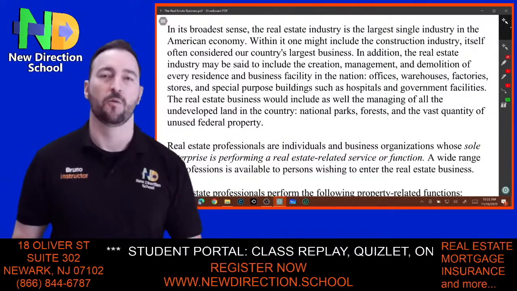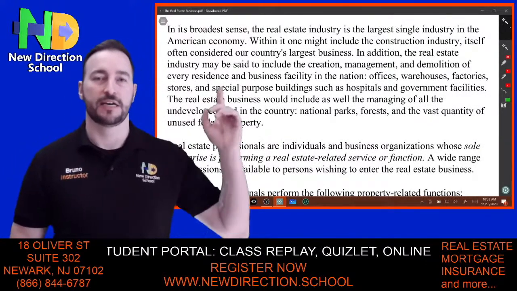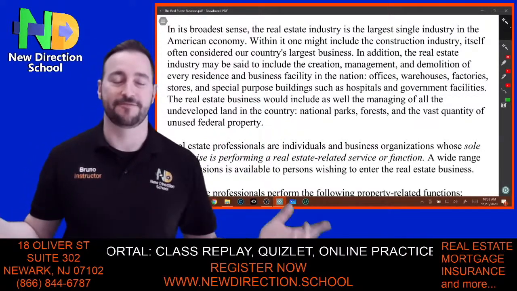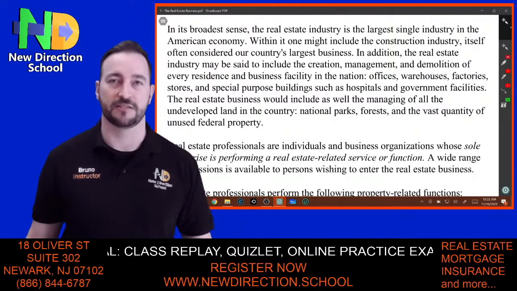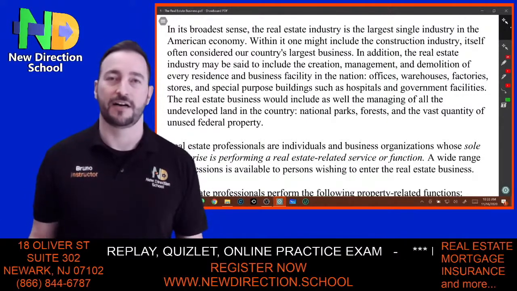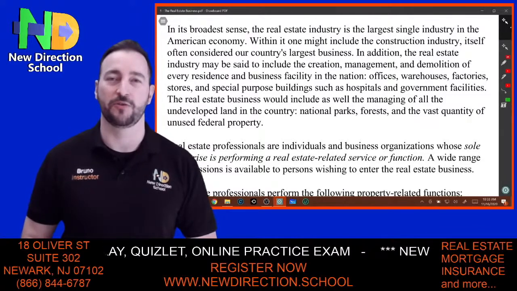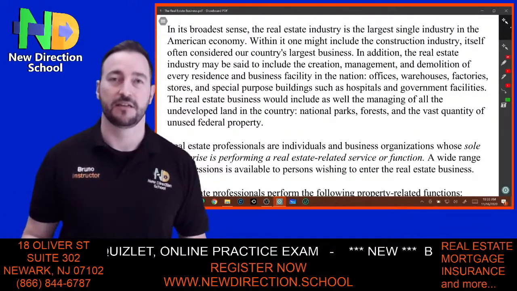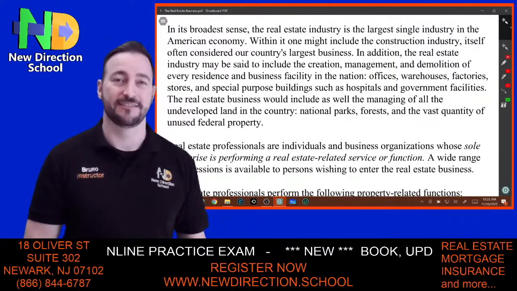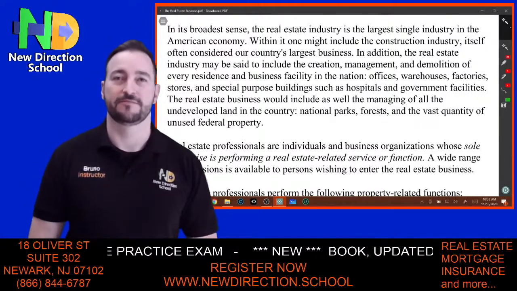And within it, one might include the construction industry itself, often considered our country's largest business. Because if real estate is not working, nothing else is working. Think about it. Somebody needs to always either rent or buy. It's one of those businesses, like the food business, that never ends. If we don't have real estate, where are people going to live, right?